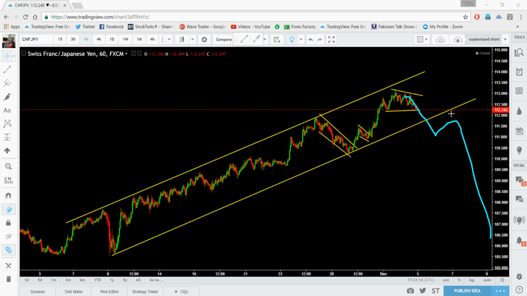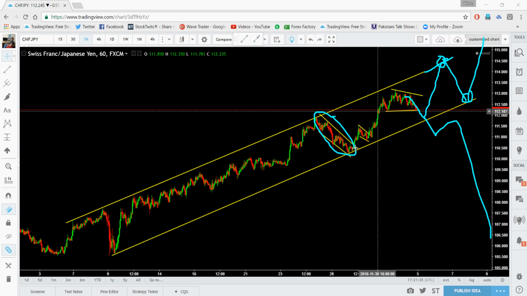If we don't see this formation, we will see a formation something like this, then definitely we're going to look for buy to the upside for a short period of time. Once price hits the top trend line, we're going to repeat that technique again. We're going to look for sell at the top and watch price action here. Either price is going to break down or continue to the upside.